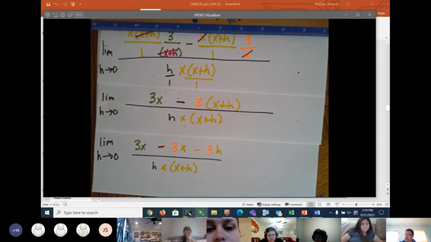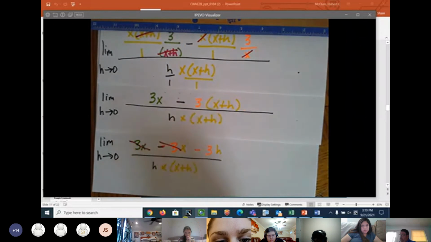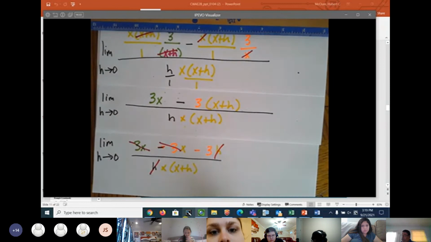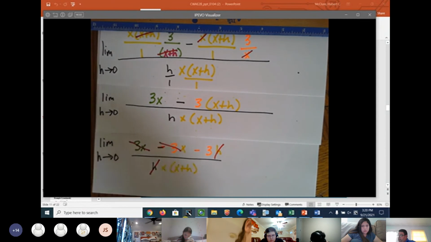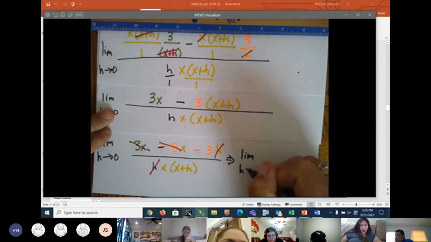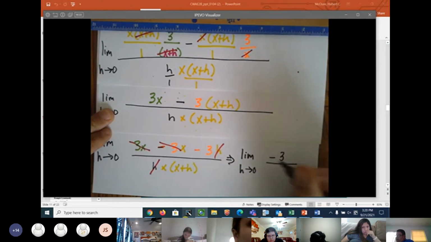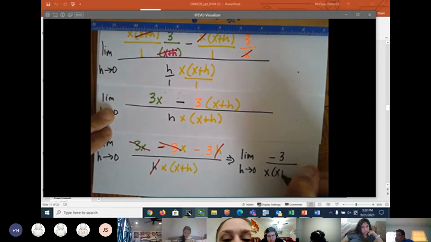And you see the 3x's are going to cancel. And that h is going to cancel with this h. And it looks like that's going to be, I'm just going to write it in black, the limit as h approaches 0 of negative 3 over x times x plus h.